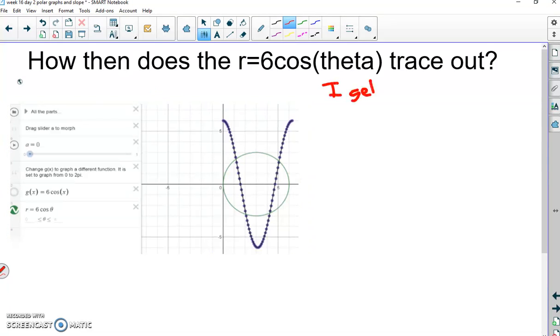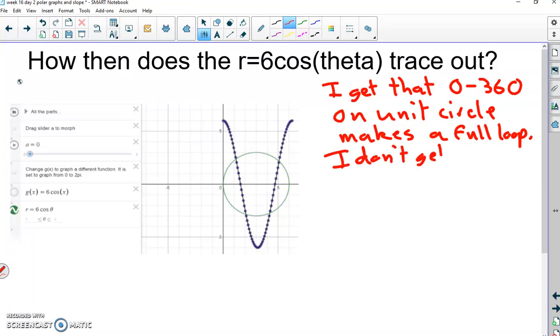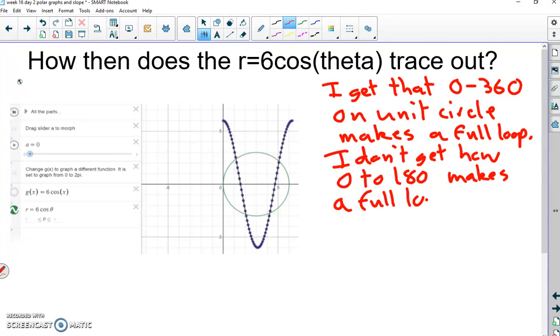I get that 0 to 360 on the unit circle makes a full loop. I don't get how 0 to 180 makes a full loop here.